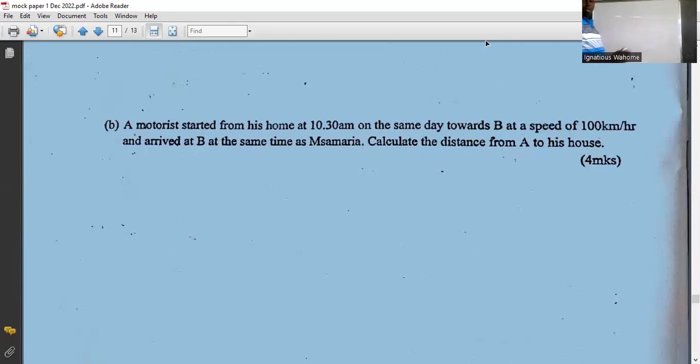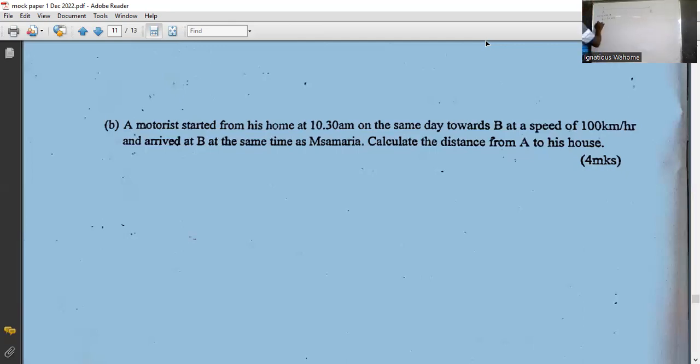This is A, this is B. The Samaria left at 8:15 a.m.